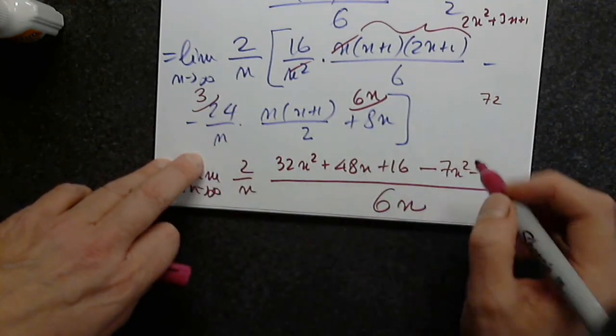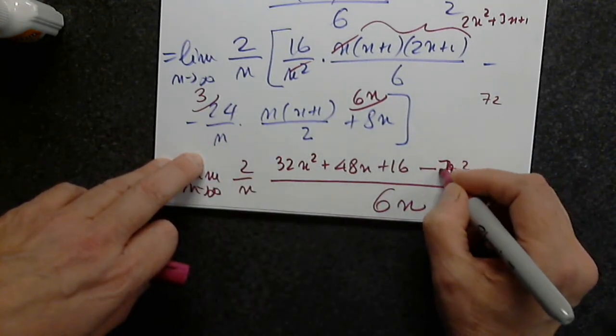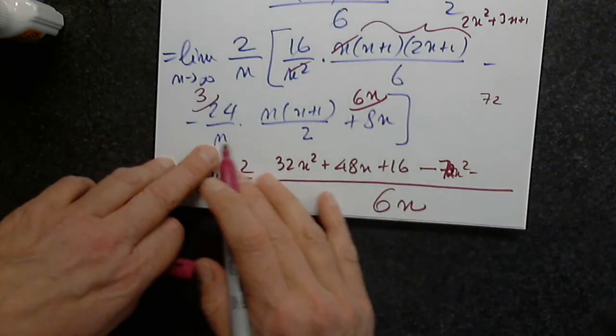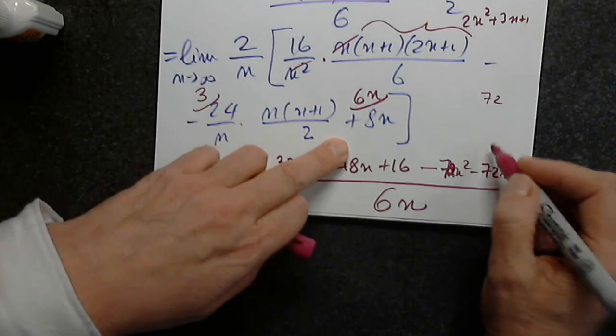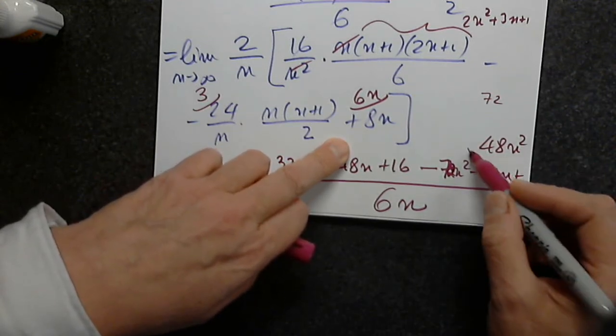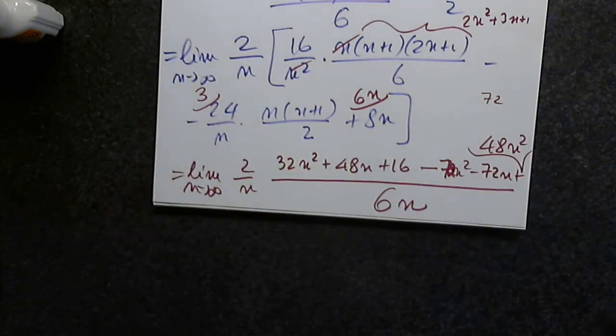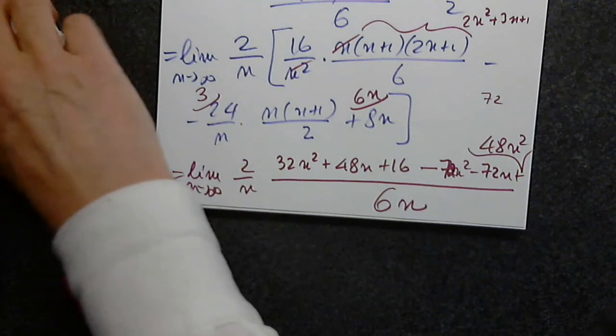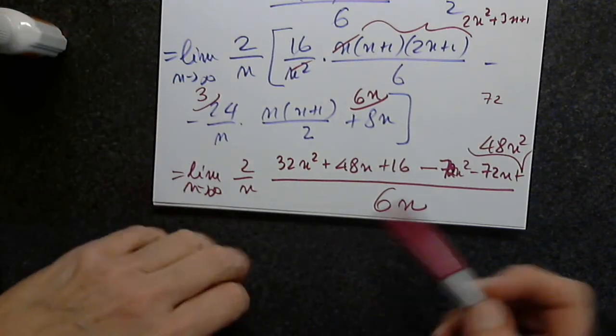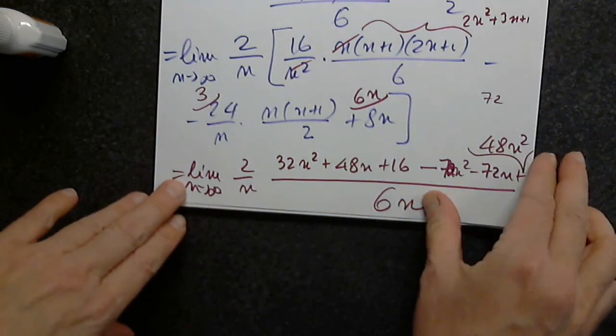And minus, oops, 72n squared and minus 72n. And finally plus 48n squared. It's here. That's 72. Yes, I'm sorry, I wrote 7 by mistake. Yes, it's 72n squared minus 72n.